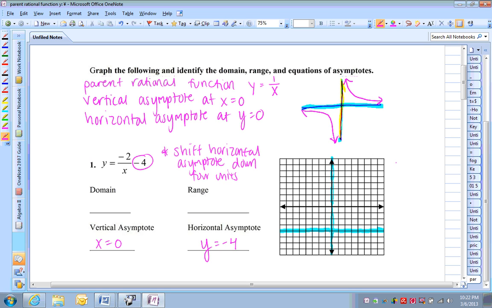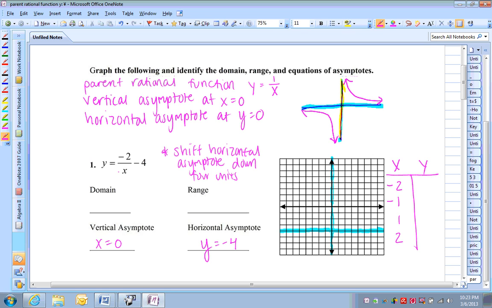Now, in order to plot our points, I create a little table, and I pick 2 x values to the left of our vertical asymptote and 2 to the right. Since it's at 0, I'm going to choose the x values of -2 and -1 to the left, and +1 and +2 to the right. I plug those into my function.